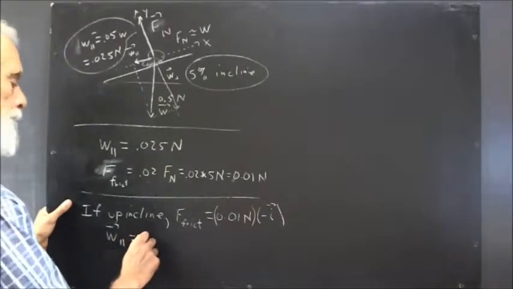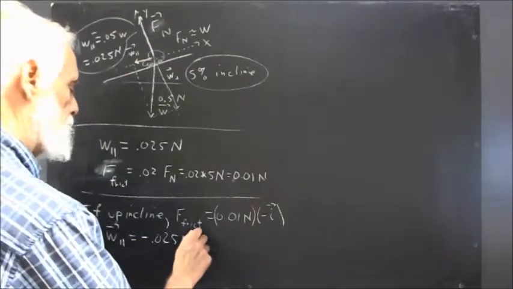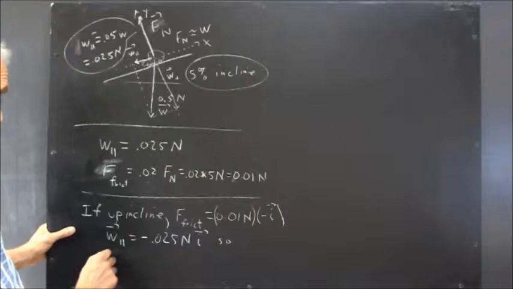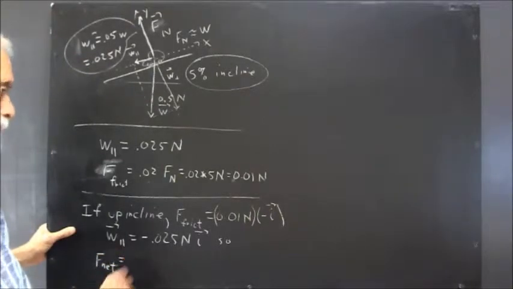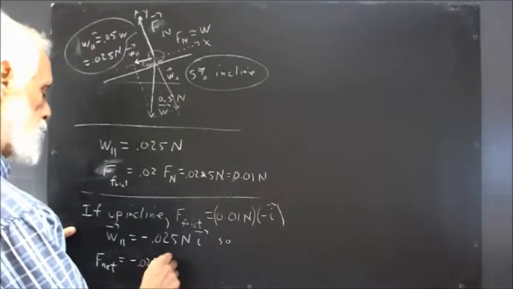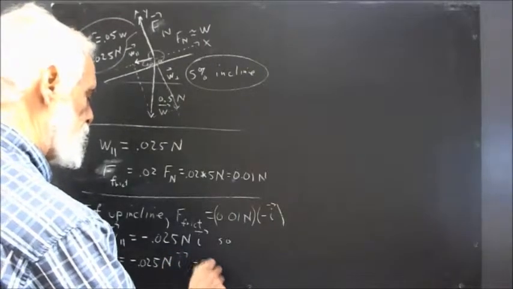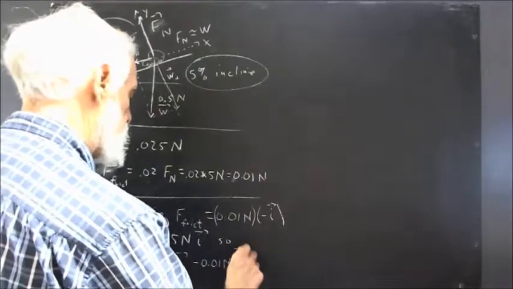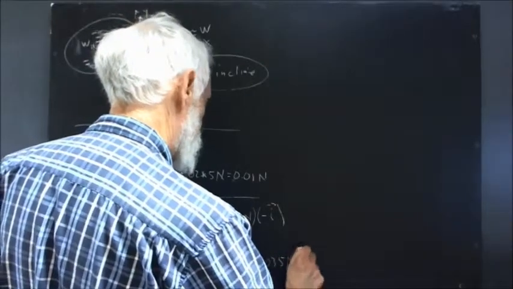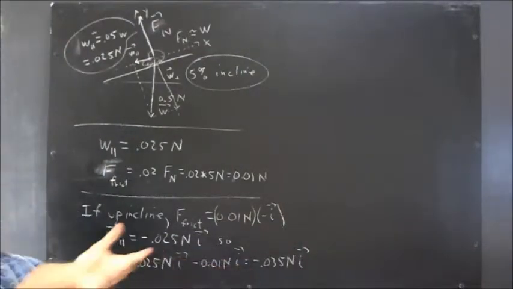W parallel is negative 0.025 newtons times I. So the result, or the net force, is negative 0.025 newtons times I minus 0.01 newtons times I, which is negative 0.035 newtons times I. Again, everybody that turned the homework in got that.